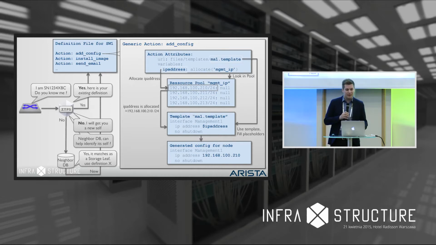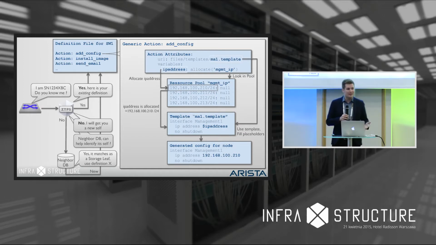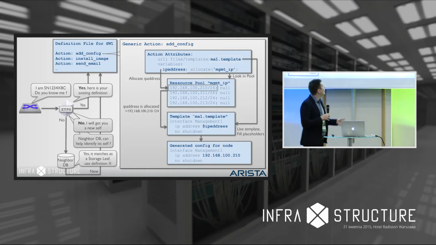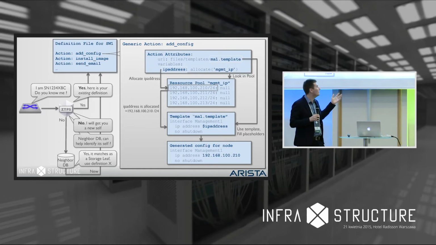When it connects, the server can then decide, have we seen this device before? If it's a new device, we can then build its topology, as I mentioned earlier, so we know where it is in the network. Once we know where it is in the network, we can build its configuration. It's a very simple format, and that configuration is built from a very simple set of templates.